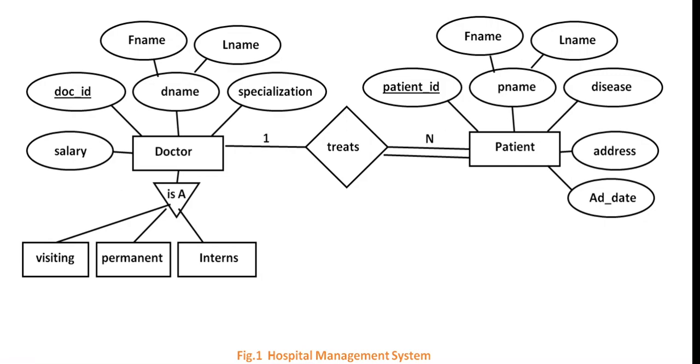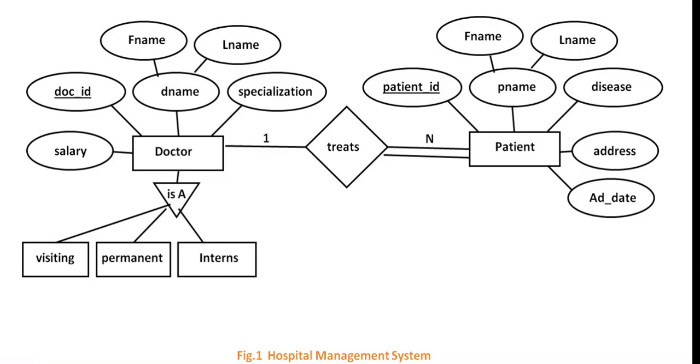Here, doctor has attributes salary, doctor ID, doctor name and specialization. And patient has attributes patient ID, patient name, disease, address and admit date. If you look at the doctor entity, it can be specialized into visiting doctor, permanent doctor and interns or trainee doctors.